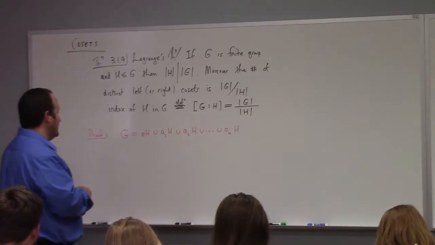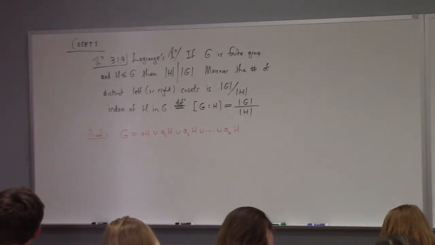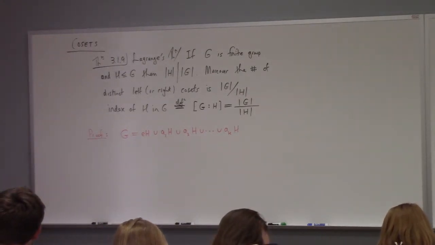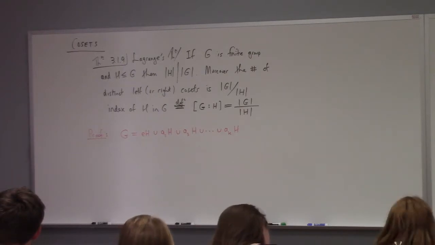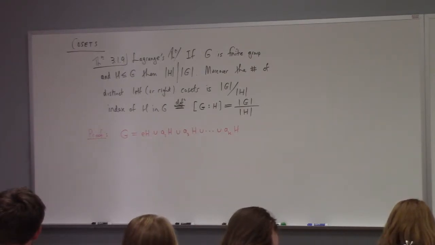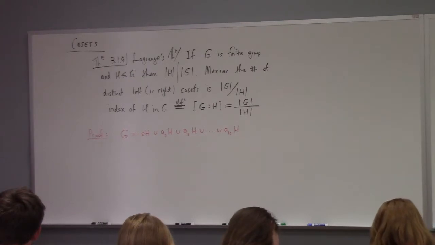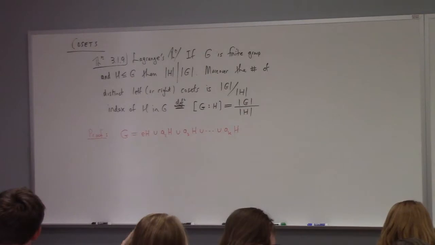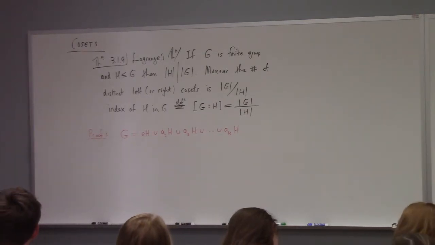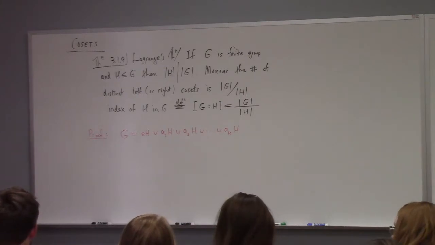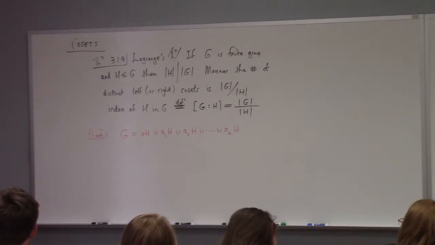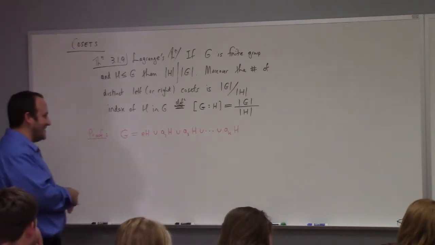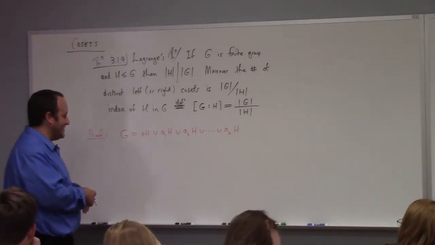Now, how do I know that everything in the group is in some left coset? Give me an element of the group. Pick any element. What left coset is A in?